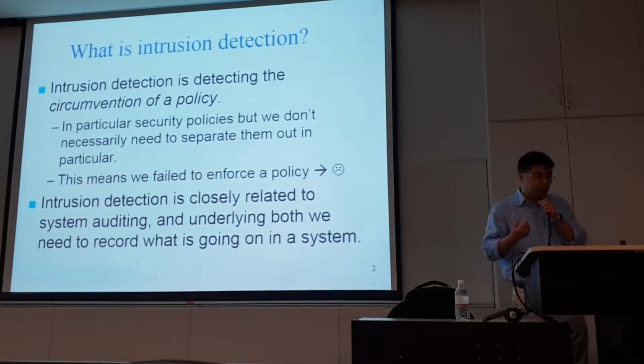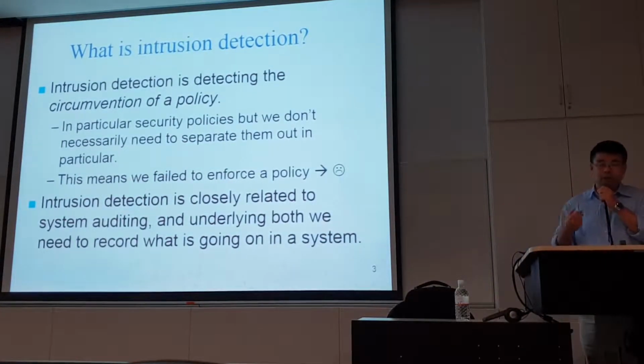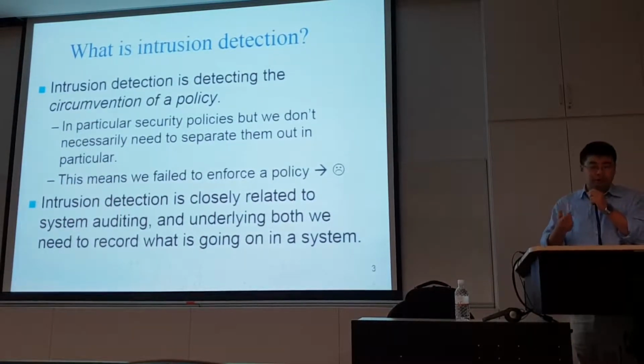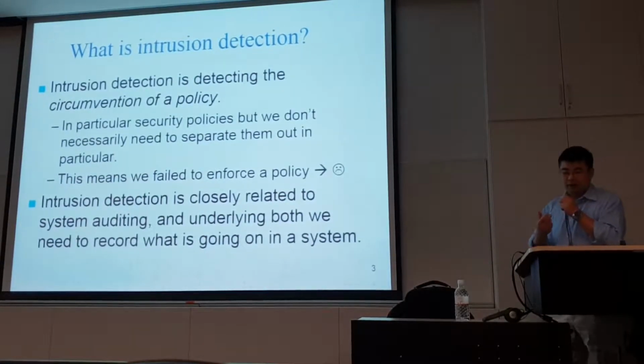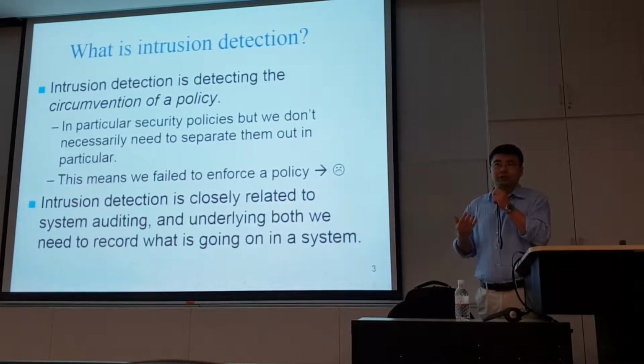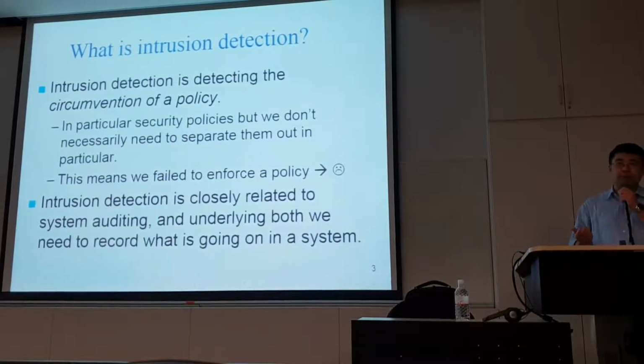So in this case, can we do anything? The answer is yes. We can still do something. We can use intrusion detection to discover whether this is an attacker with a credential or a legitimate user. You may ask, how do we distinguish them?